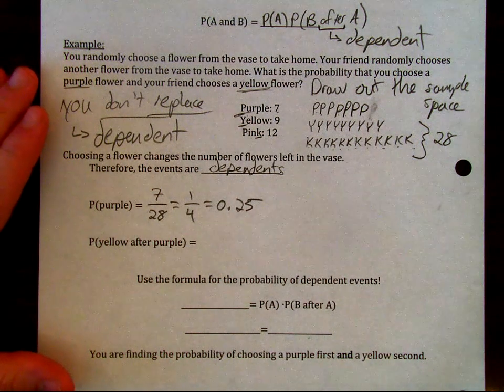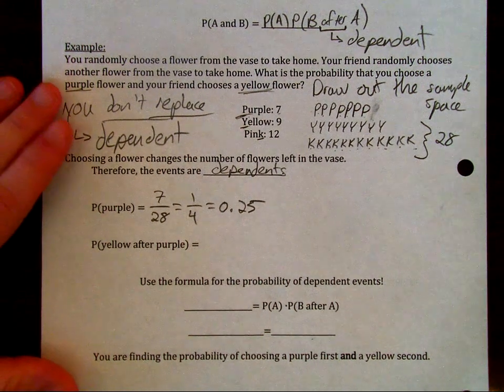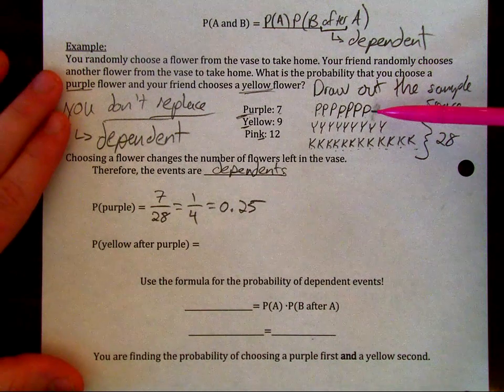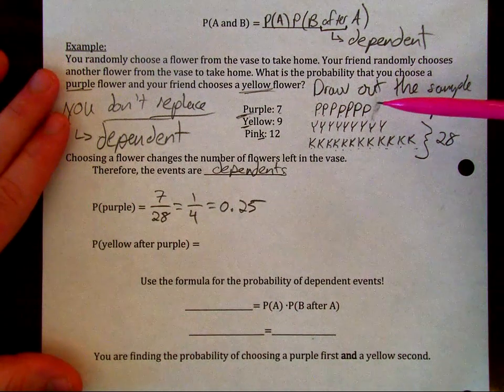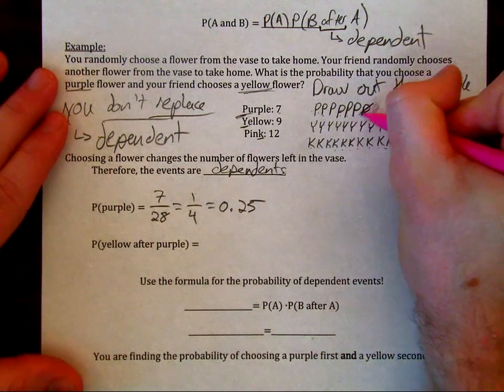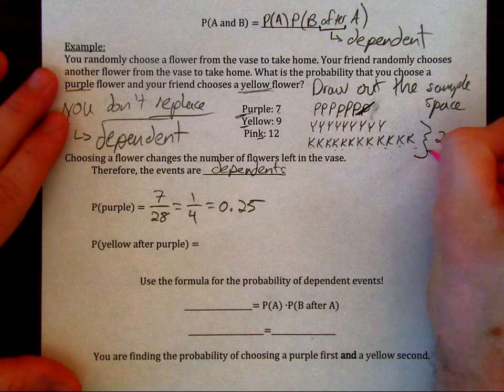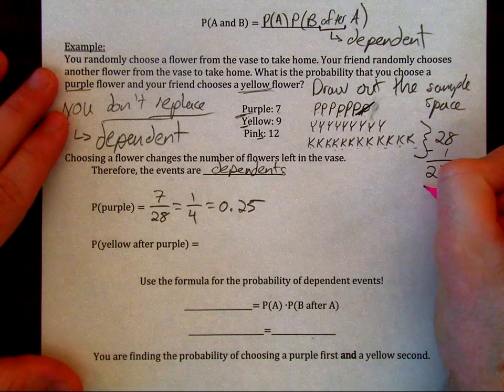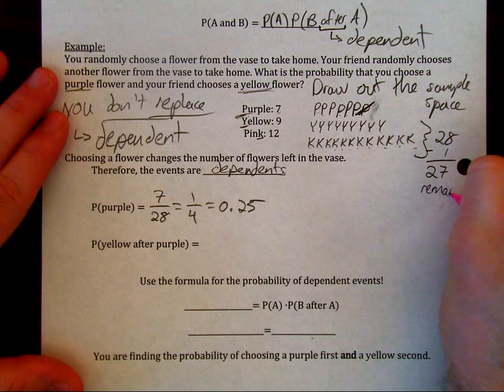So now, please do see, in my sample space, I'm going to now take out one purple one. Usually what I do is I put a line through it, and I say, okay, I take one out, and how many are left? So 27 flowers remain.